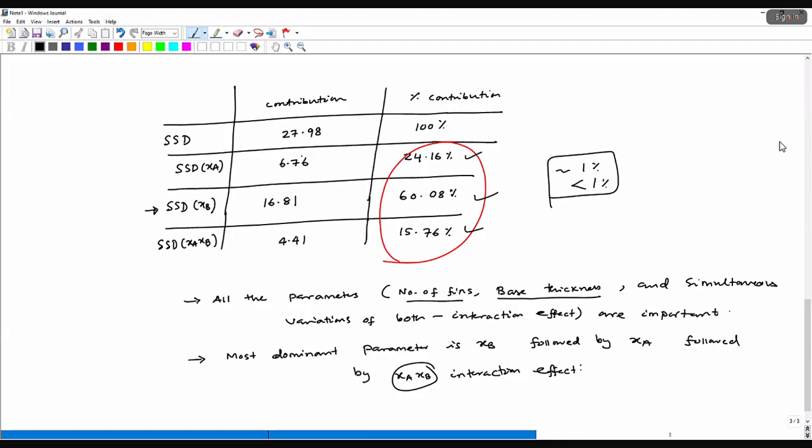Okay, so as I said, you can do this kind of 2 to the power k factorial design. Let's say you have various parameters affecting a particular experiment, where you have a certain outcome, and your outcome depends on, let's say, a few variables, and you want to know whether all these variables are important.